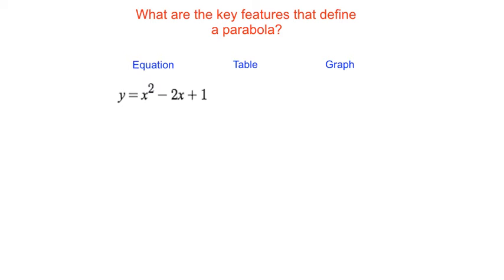Okay, so we're going to start with the equation. So here's a quadratic relation in its equation form. So what's different and what's the same in comparison to a linear relation? Just take a look at that there. Okay, so you might recognize a few things about this equation.